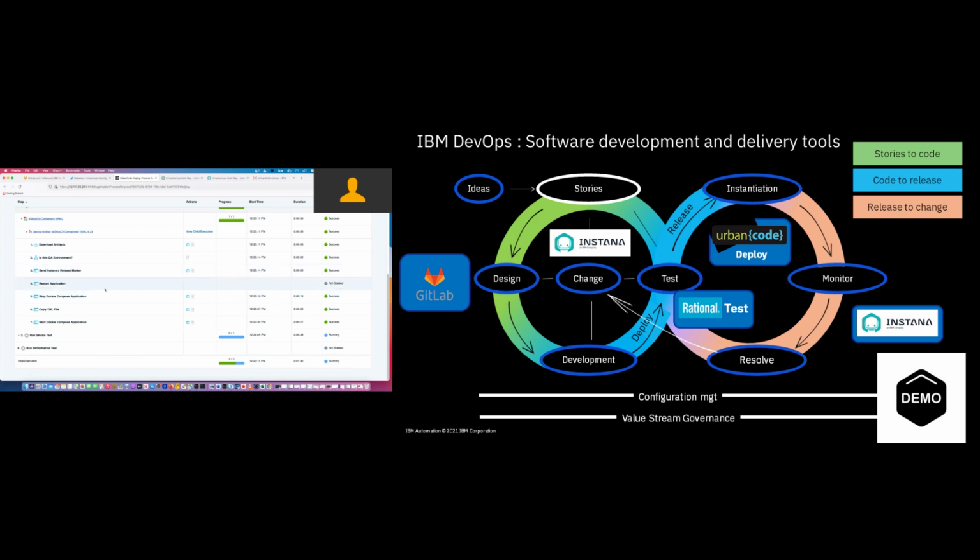Now, at the very bottom, we are going to run a performance test. The reason for this is we want to simulate users interacting with the application, as if this was a production environment where customers are interacting with the application.